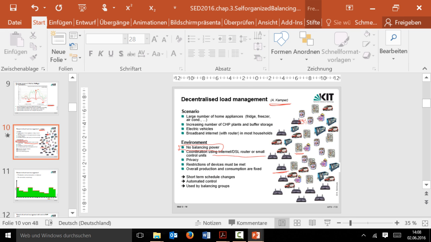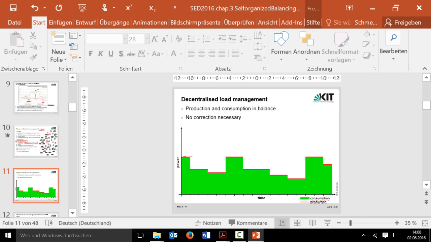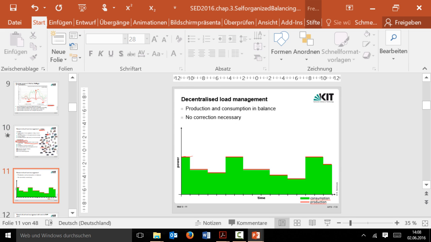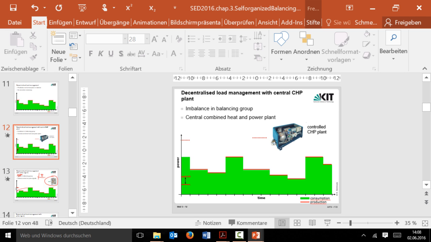Then I showed you something about a way of establishing some kind of cascaded, self-organized balancing power in a very decentralized setting. We looked at this situation where we have many devices in some region which are connected into a pool, and the idea is, starting from some stable schedule, if there are deviations, how one could even out or balance out those deviations from equality between demand and supply.